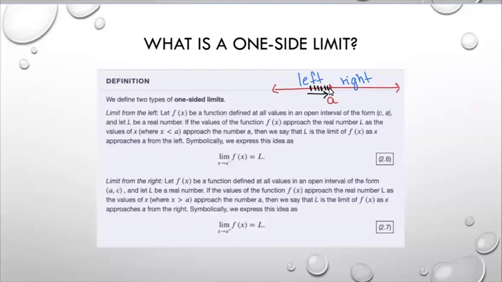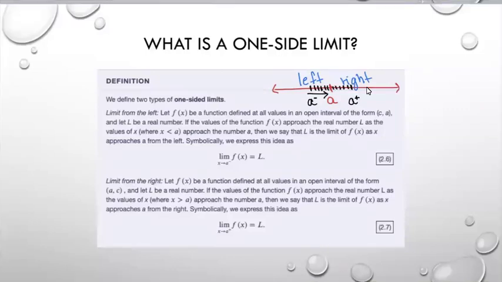So that is approaching a from the left. When you're approaching a from the right, which is this one here, you have the plus sign now up here. It means that you now want to approach from this side. So you start here, and then you start moving closer and closer and closer to a, but from the right side. So here we are approaching a from the right.